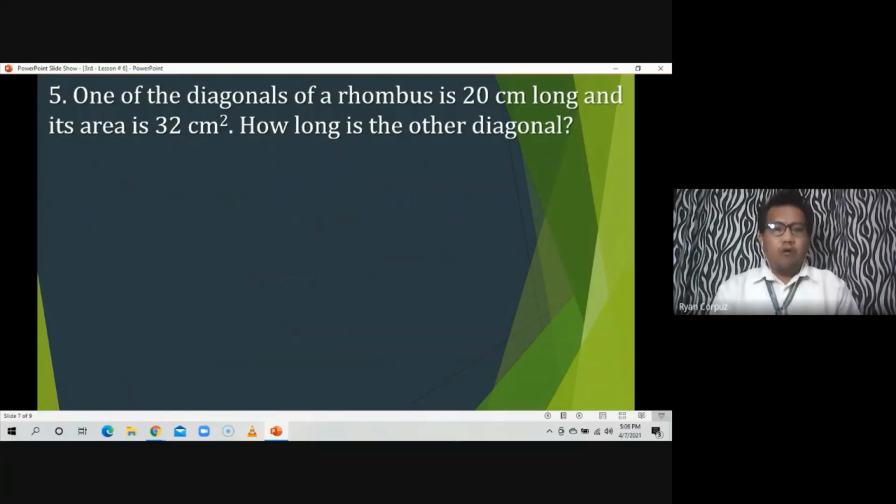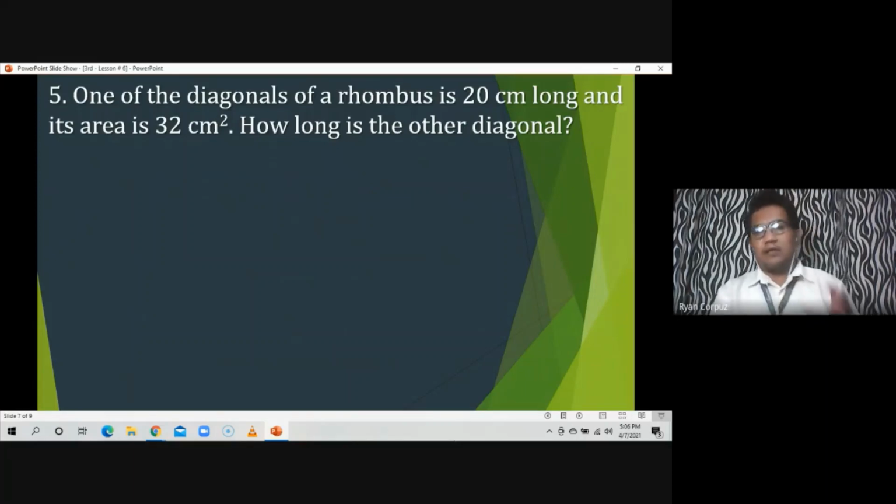So even though we are looking for the measure of the other diagonal, since we know the formula on finding the area of a quadrilateral with perpendicular diagonals, so alam natin na gano'n, it's because the given is a rhombus.